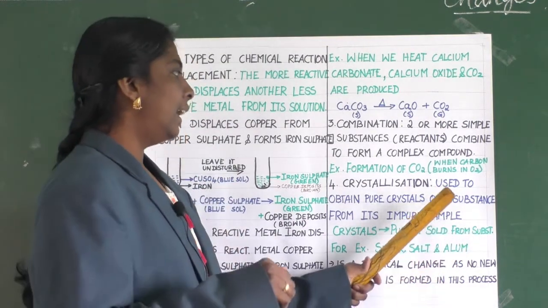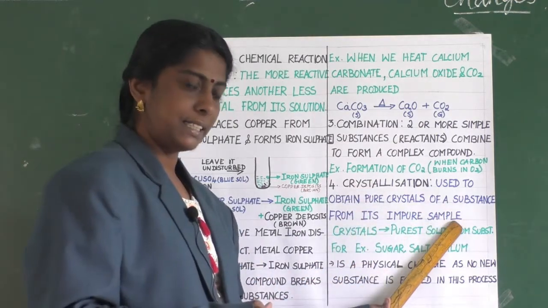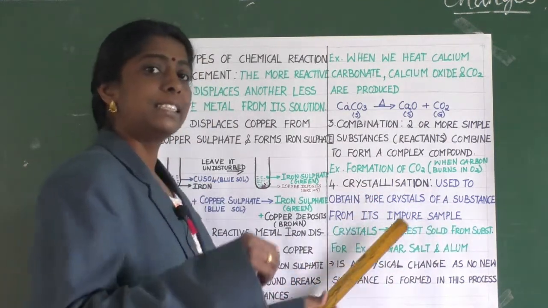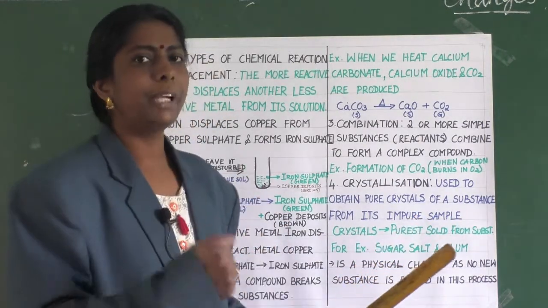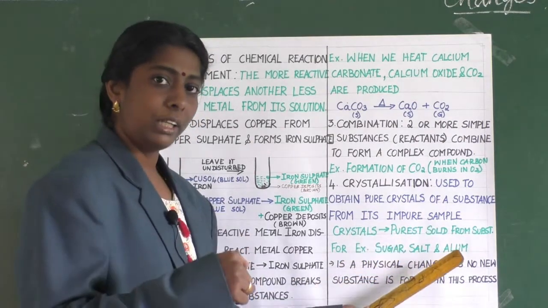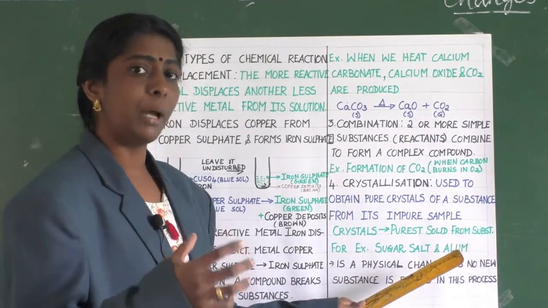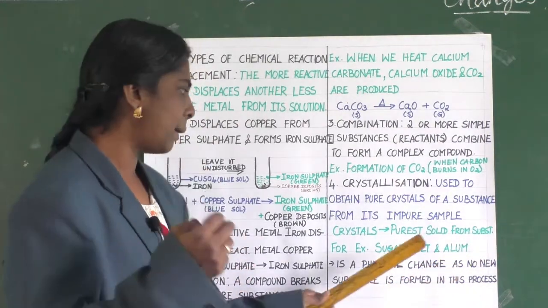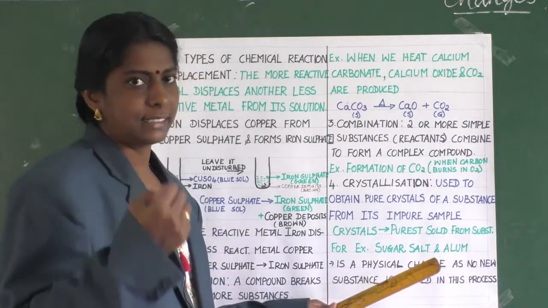So what do you mean by crystal? It's the purest solid form of substances. Say for example, sugar, salt and alum are all crystals.